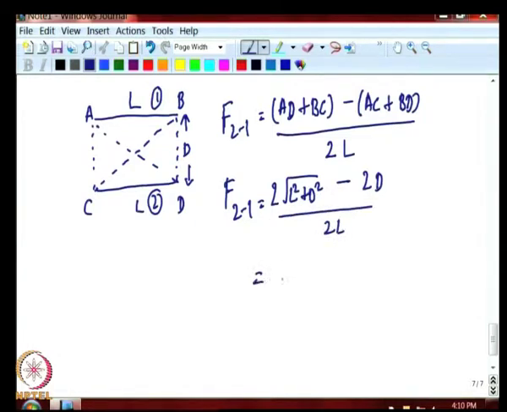So, the final answer is a nice and simple answer. Once you get an answer like this, it is important to check whether your results make sense. So, it is good to look at asymptotic limits.